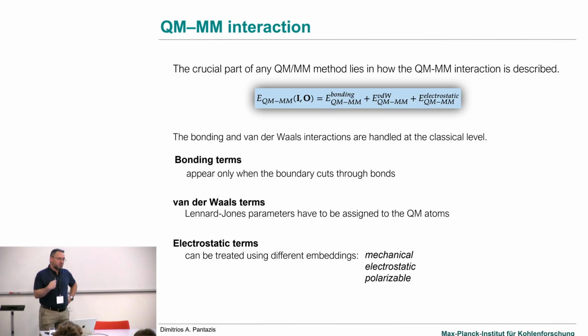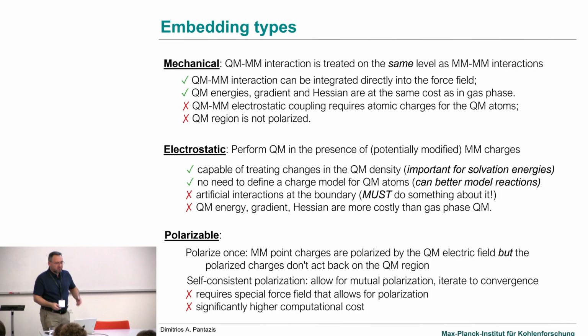In these methods, what is really, really important and very often difficult or ill-defined is to decide how to treat the interaction and the region where the QM region terminates and the MM region starts.